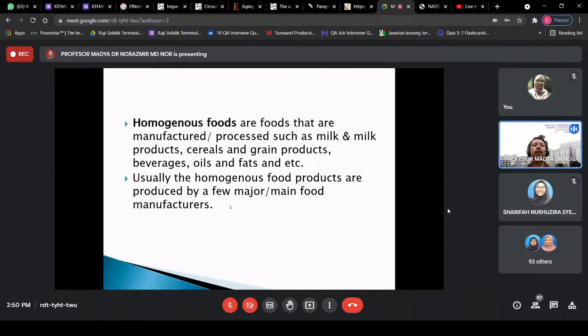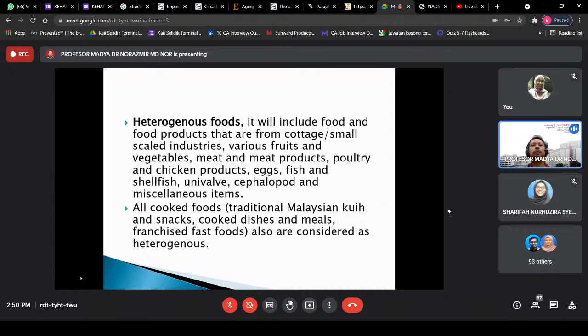So like a big company, they can produce a big number of homogeneous foods, but they still can do the food analysis accurately for each of the products because of the sampling plan, and also the sampling process is correct from the beginning.